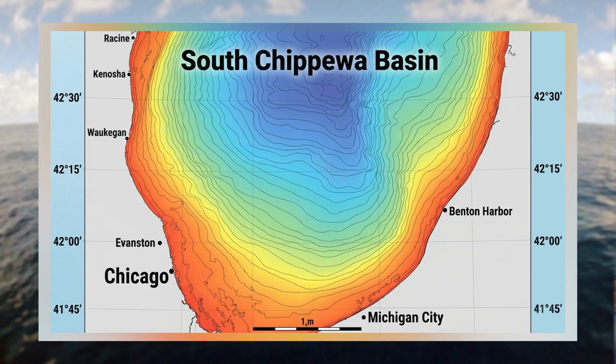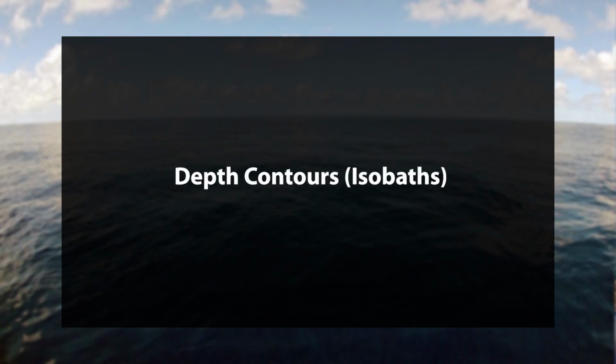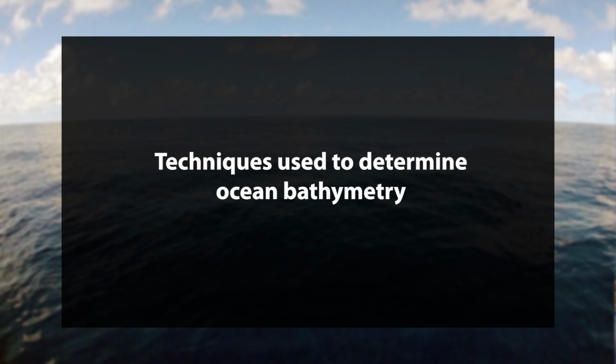Different colors are used to visually represent different depths, immediately highlighting shallow areas versus deep trenches. The second is depth contours, also commonly known as isobaths. These are lines that join points of equal depth, similar to how contour lines are used to show elevation on land maps.